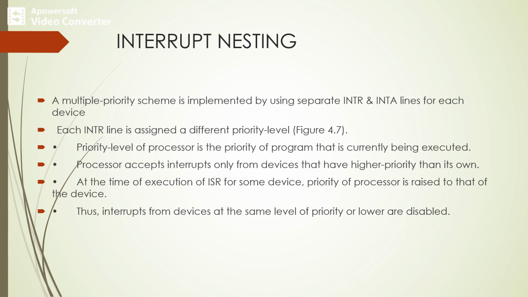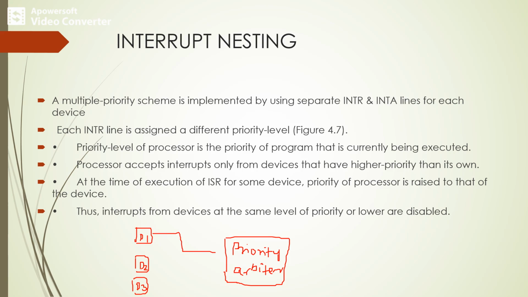Here we can have a number of devices, like device 1, device 2 and device 3, which are connected to a single arbitration block. That is called the priority arbiter.